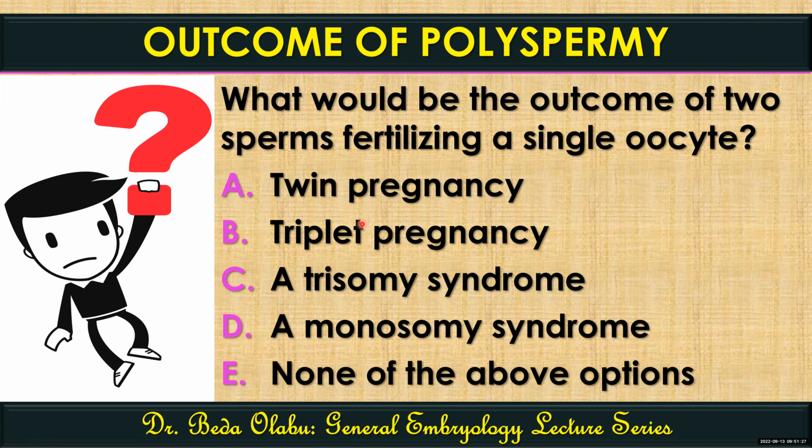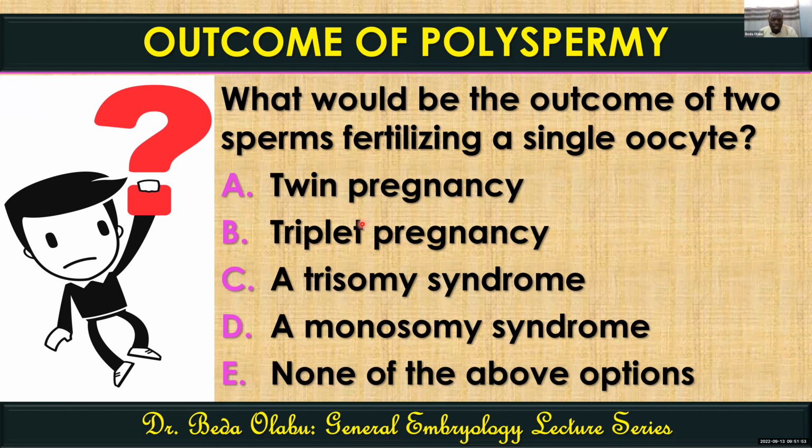When I saw all these answers, I saw it is none of the above, because when it is an abnormal sperm, it is an abnormal genetic disorder that will show up. It will not be monosomy, and it will not be trisomy, and it will not be triplet and twin. Then I took none of the above.